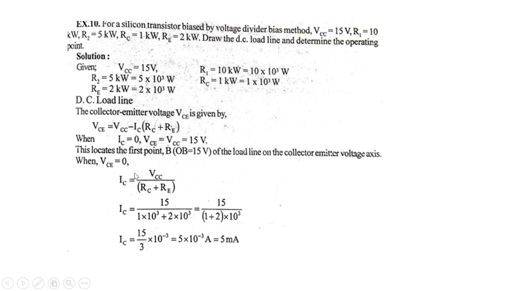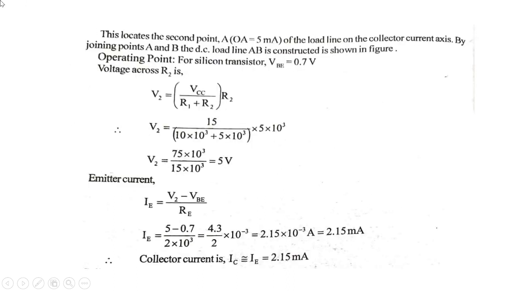When VC equal to 0, IC equal to VCC upon RC plus RE. So IC equal to 15 upon 3 into 10 raised to 3, that is equal to 5 milliampere. Dislocate the second point OA equal to 5 milliampere.